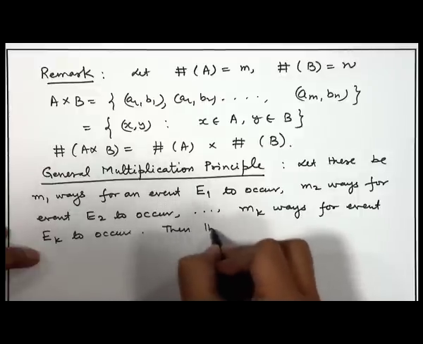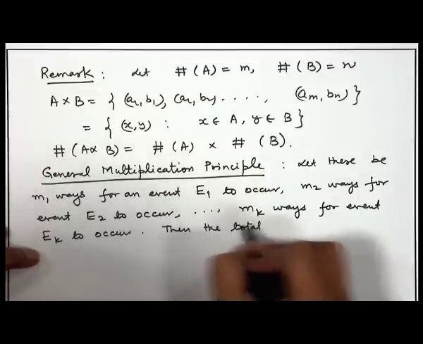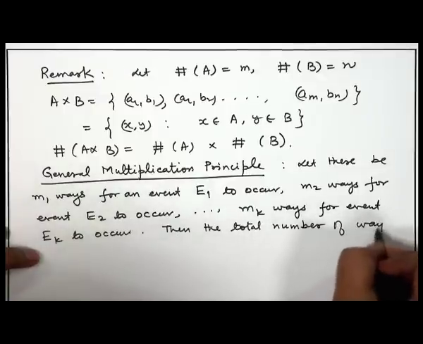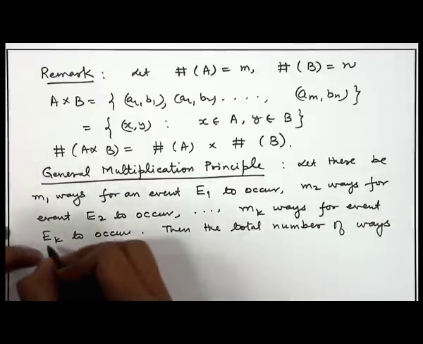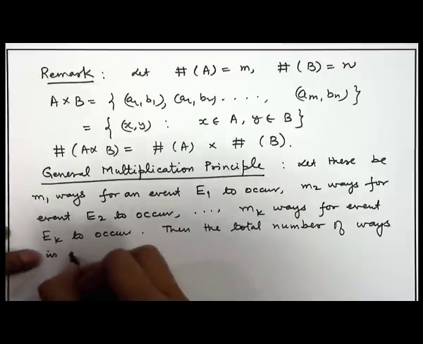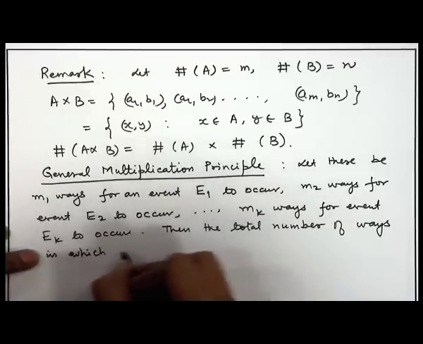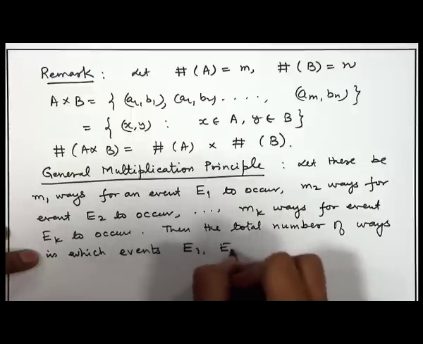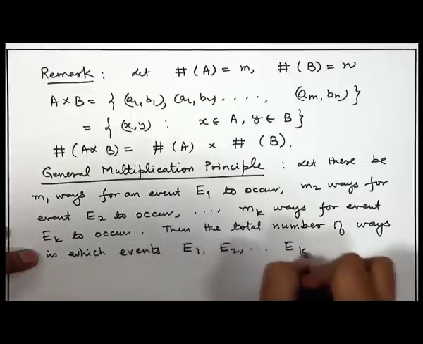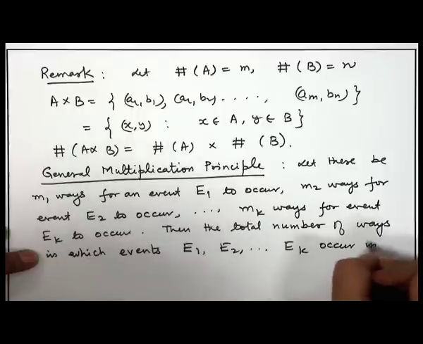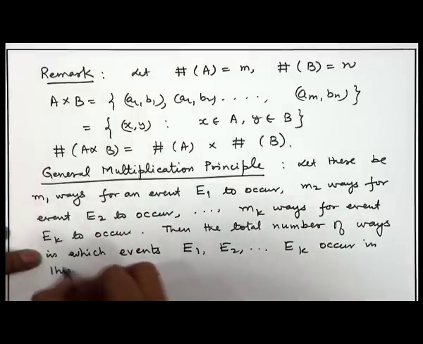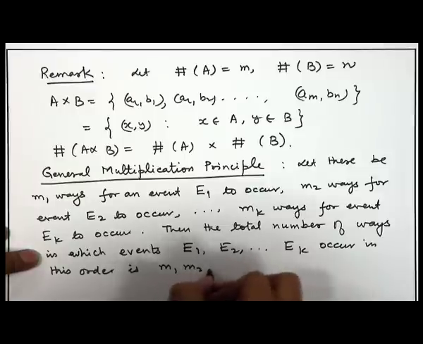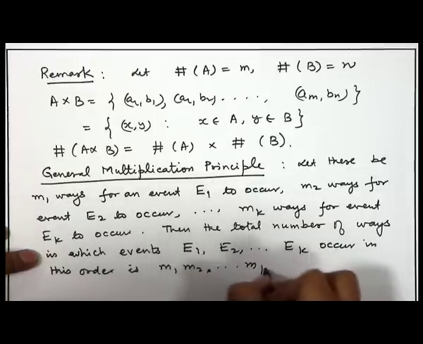Then the total number of ways in which events E1, E2 and so on Ek occur in this order is m1 times m2 times ... times mk. This is the product here.